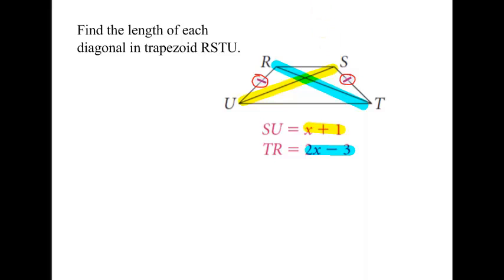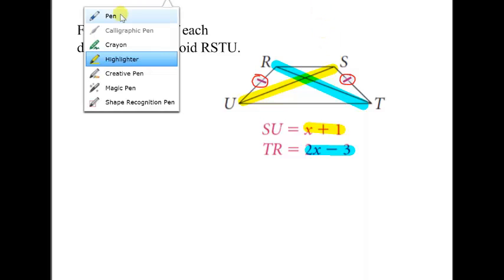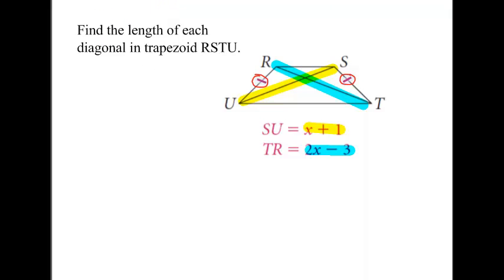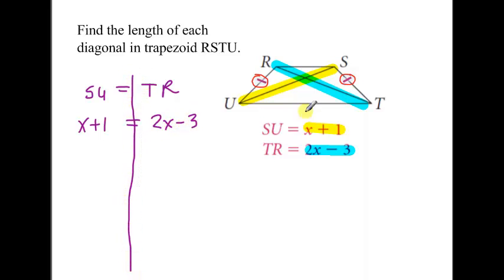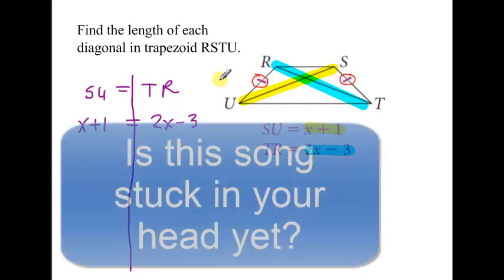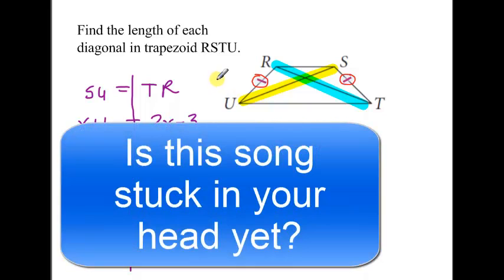What do we know about those? Those diagonals are congruent. Let's set them equal to each other. So S to U is the same as T to R. And let's just plug those in. X plus 1 is our SU. And TR is 2x minus 3. Solve it. I'll play you some music while you do. Come back and check your answer.